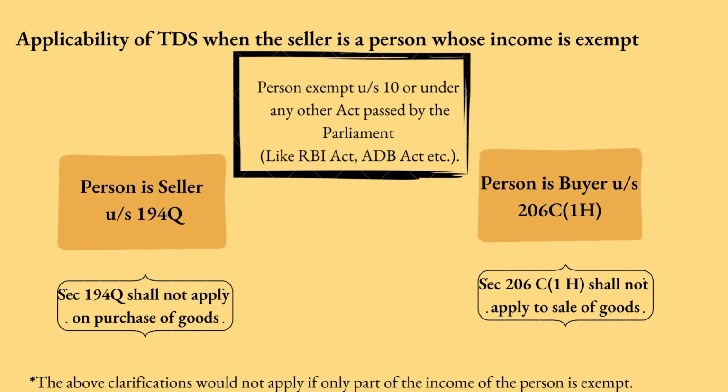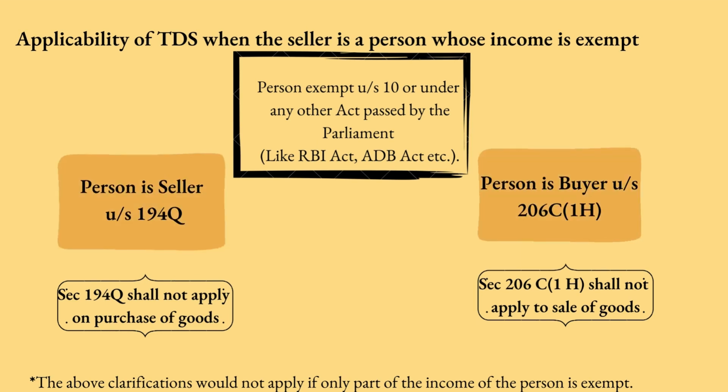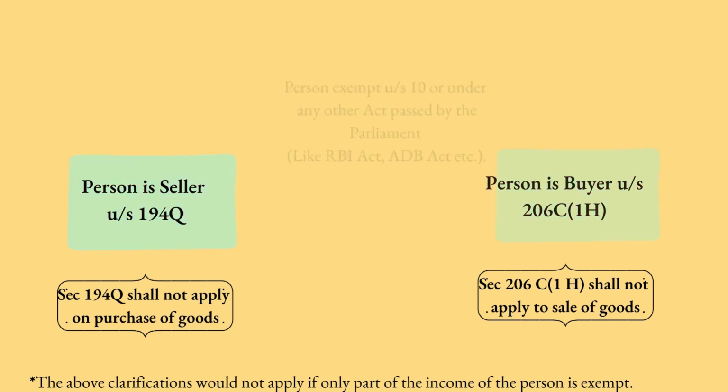So, either under Section 194Q or 206(1)(h), the buyer or the seller will have to take a declaration from the other party whether their income is exempt under Section 10 or under any other Act.